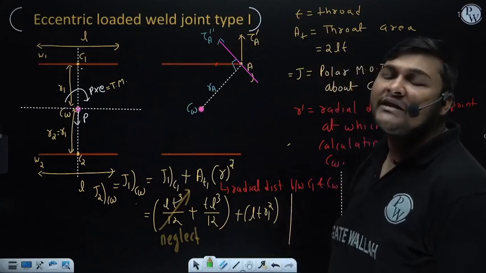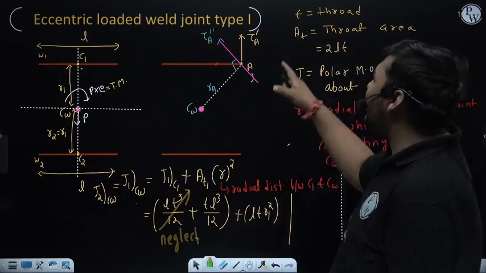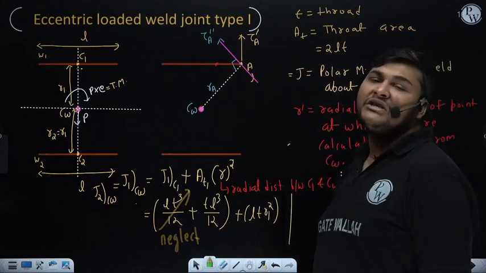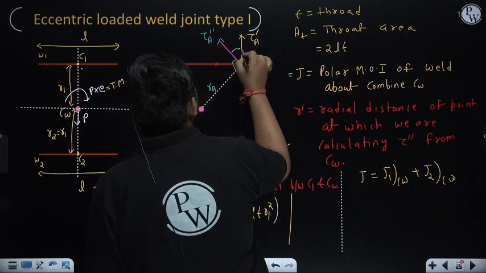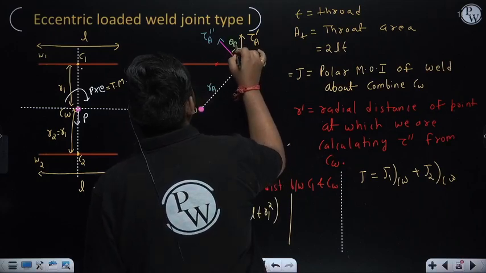Now how to find that resultant shear stress? For that you can find the vector angle between primary shear stress and secondary shear stress. Right now suppose at point A, the vector angle between primary shear stress and secondary shear stress is this theta angle.